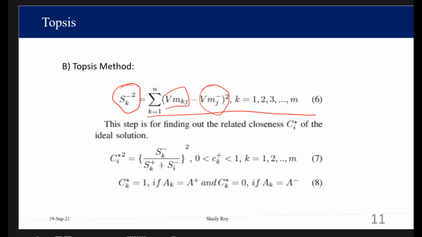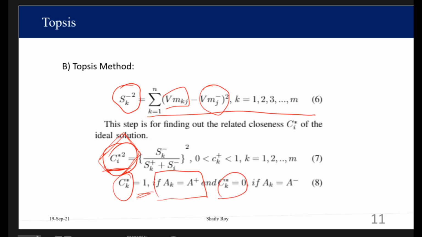The step is for finding out the relative closeness C star of the ideal solution. Here you can see that closeness solution. Firstly, they will use this equation to find out the value where closeness solution can be 1 if Ak is equal to A positive.